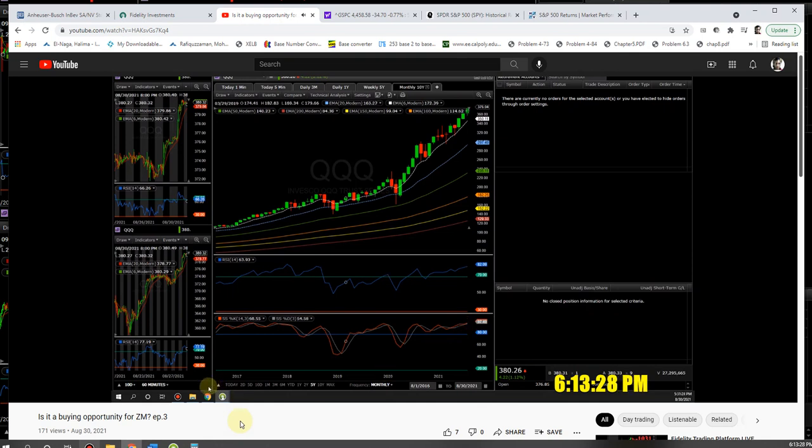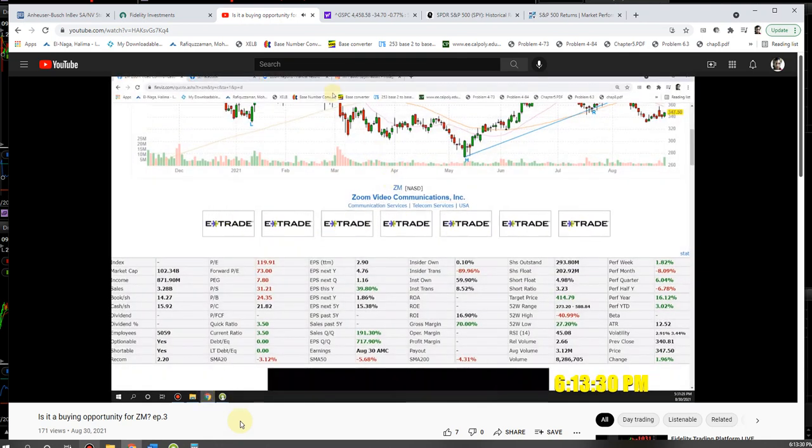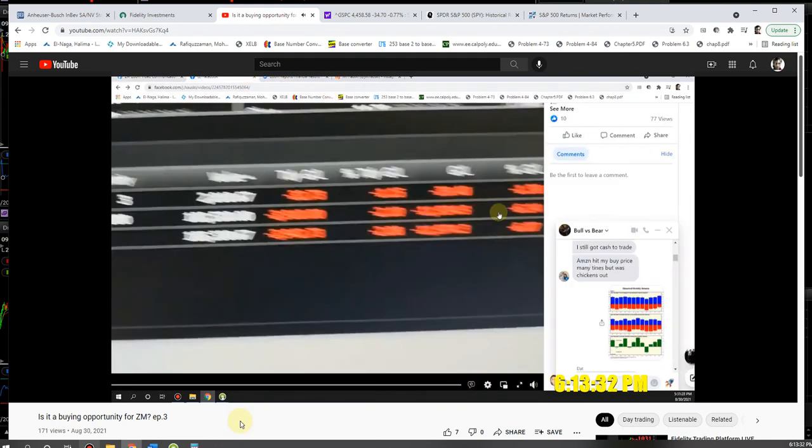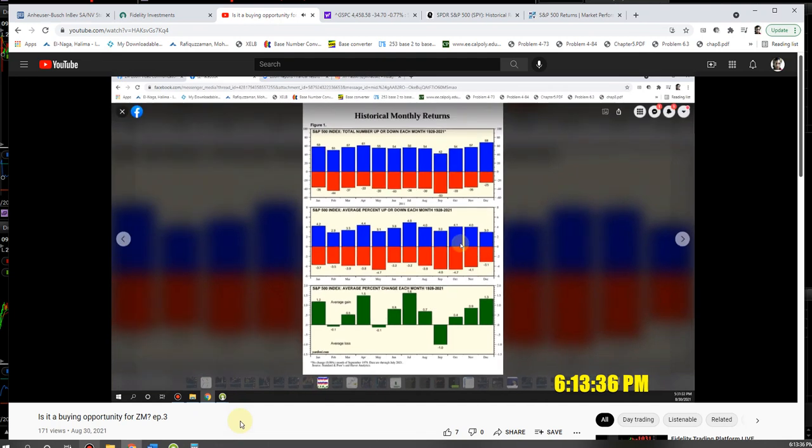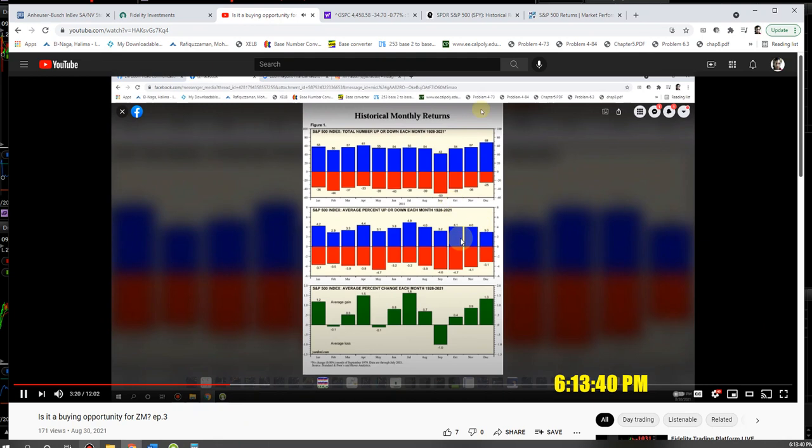And I have proof here to show you guys, based on statistics of the stock market. I posted this a couple days ago. You look at the overall market return from 1928 to 2001, pretty much 100 years.